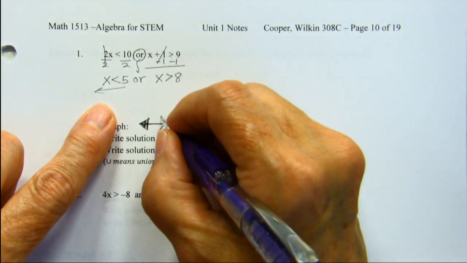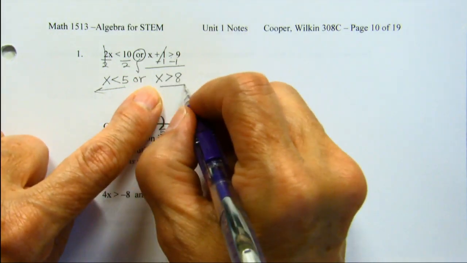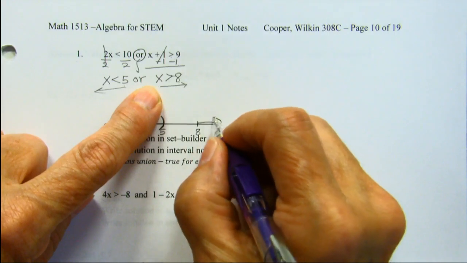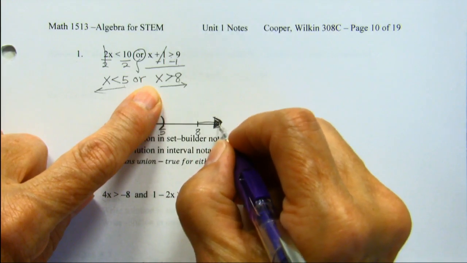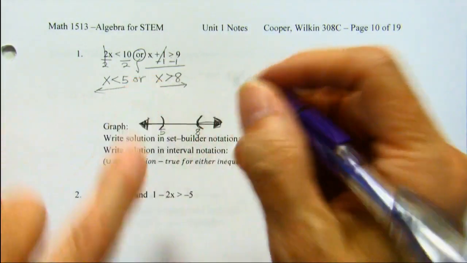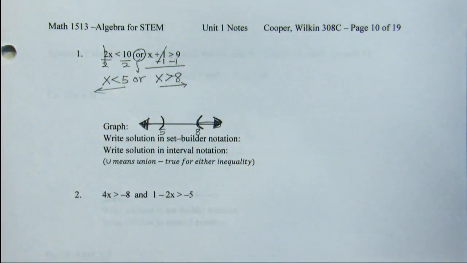Parentheses. Very good. On the x greater than 8, my inequality points to the right, so my arrow goes to the right, and it will be a parenthesis also opening up. Notice those parentheses always open up towards the arrows.